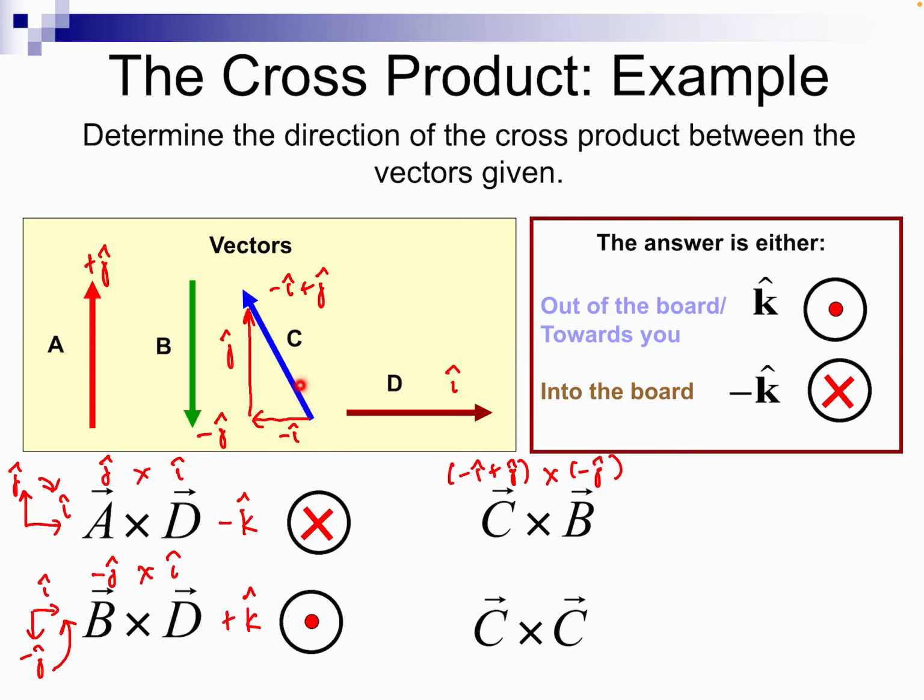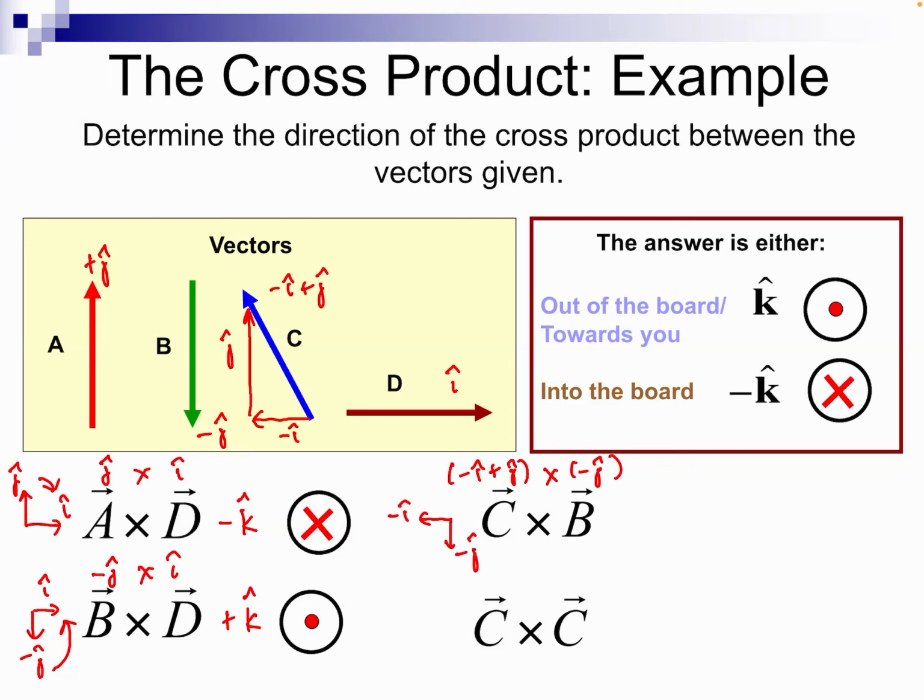Since you're crossing C with B, and if two vectors are parallel or anti-parallel, their cross product is 0. So you're essentially just getting the cross product between minus I hat and minus J hat.